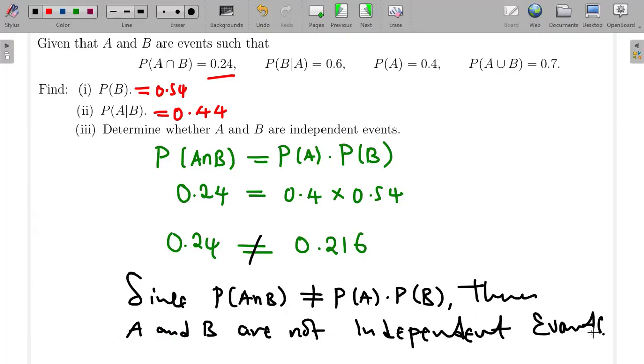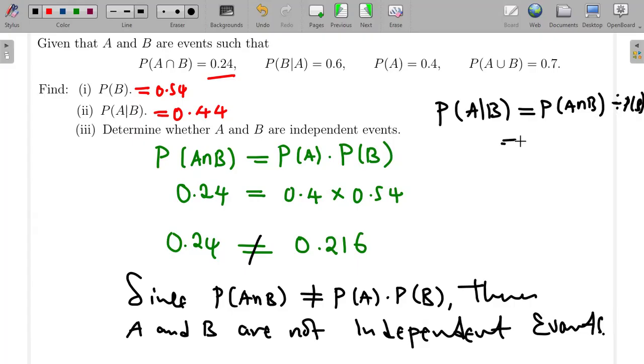And then there's also another way in which you can show this by using conditional probability. So remember here we had said this conditional probability of A given B is the same as probability of A intersection B, and then we were dividing this by the probability of the event that has already occurred, which is B, right?